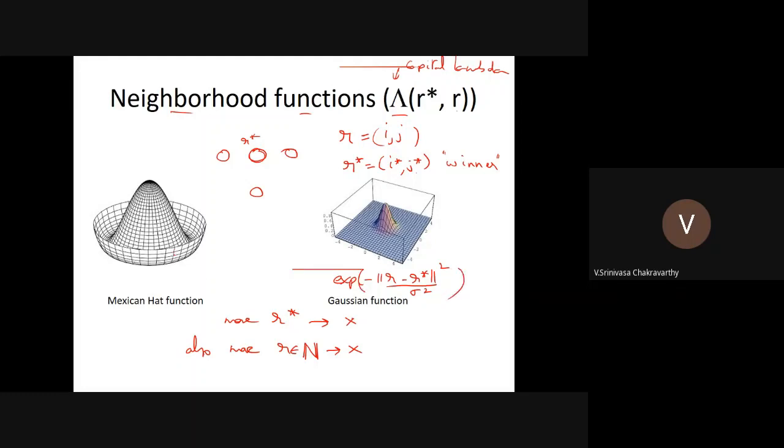There's one more function called a Mexican hat function. This is obtained by, for example, a difference of two Gaussians.